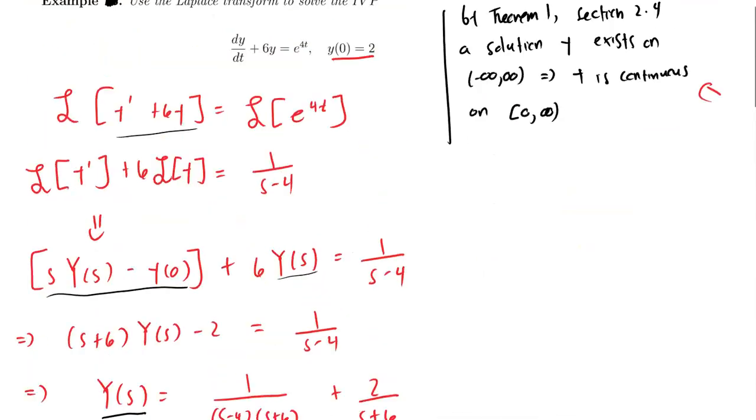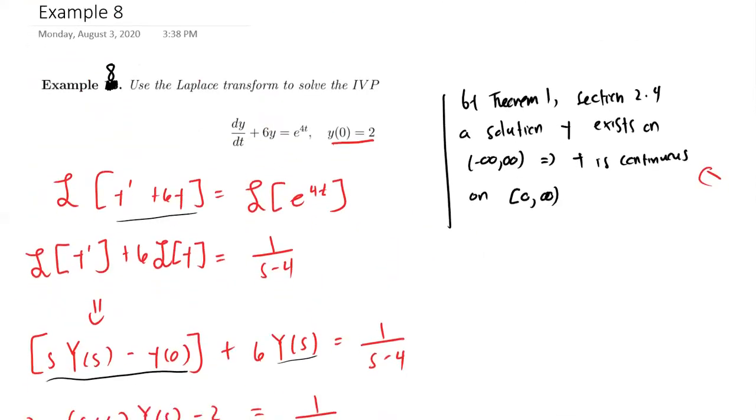The way that I prefer is using theorem 1 from section 2.4. We have a theorem that guarantees the existence and uniqueness of a solution to this initial value problem and gives us an interval that we can find explicitly. Since it's first order linear, we can use theorem 1 in section 2.4, and we know that there exists a unique solution on the interval negative infinity to infinity.